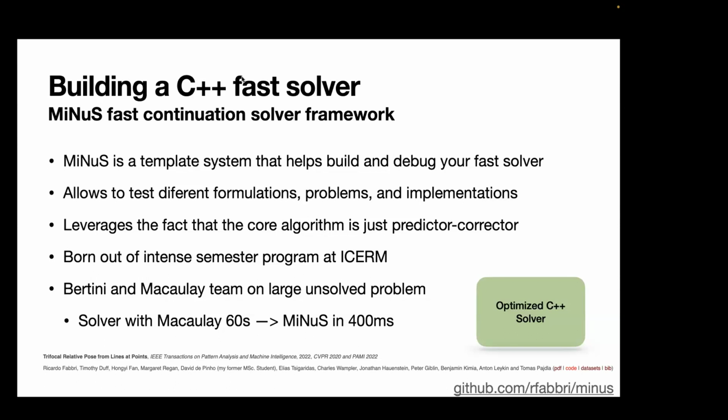You gave point correspondences in 3 views, and in 1 minute it had the solution. Then when we started optimizing it as much as we could, it went to about 120 times faster. So that's the point we are at.